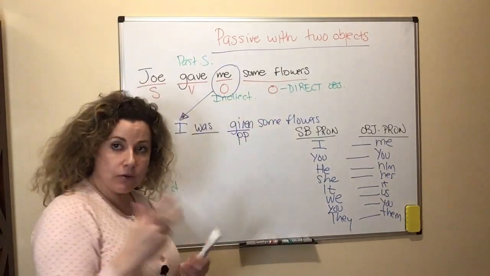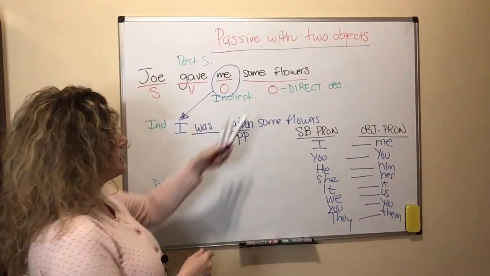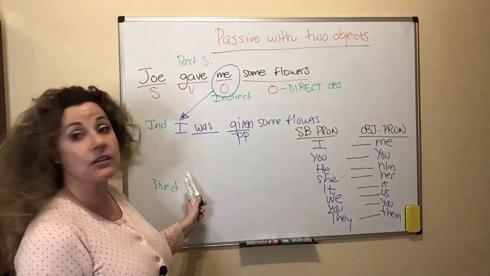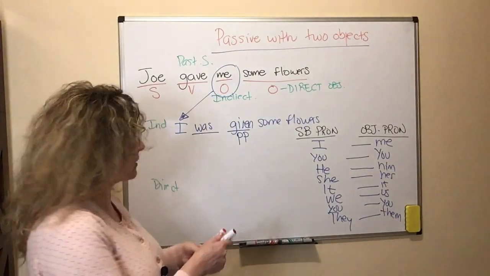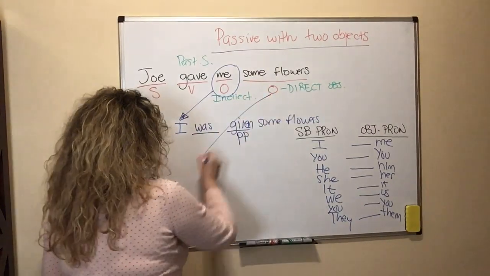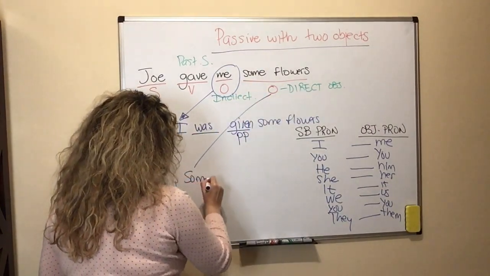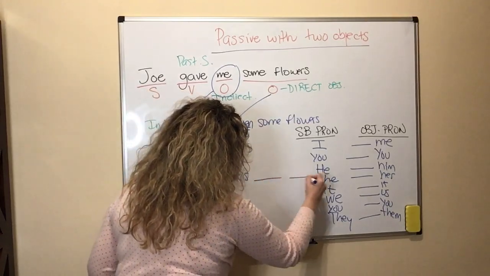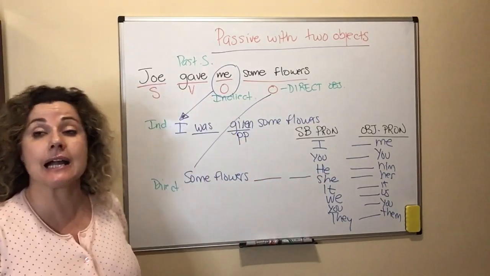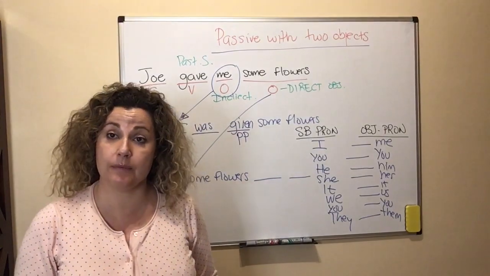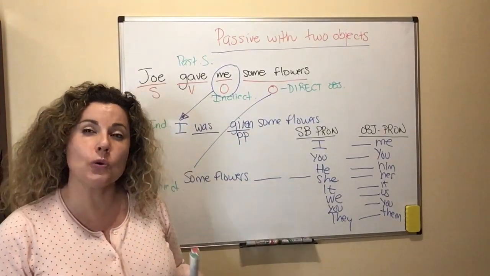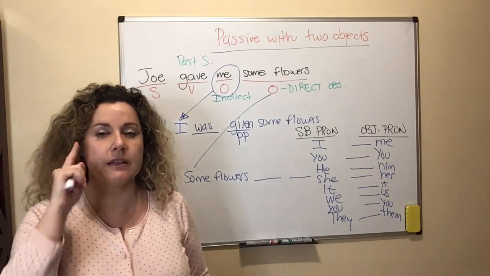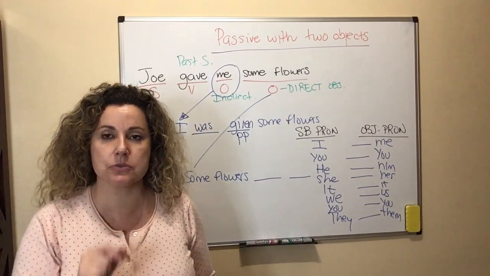But also, we might find the possibility of using the direct object as the subject for a passive structure. Look, direct object here, some flowers, and now, as before, we need two words because in the active we only have one word, gave, which is past simple. So, what is the verb to be with some flowers? Some flowers could be substituted by they.